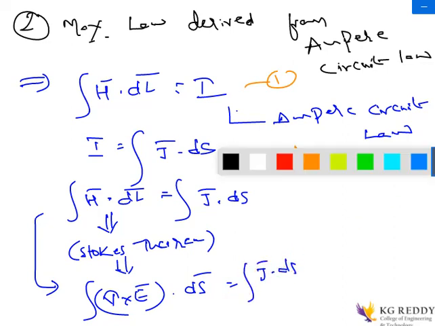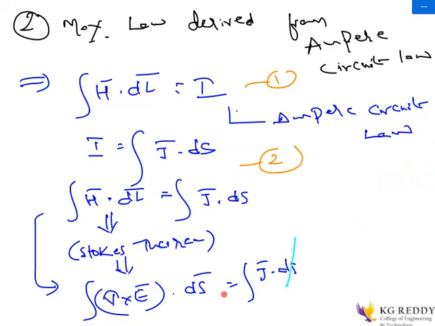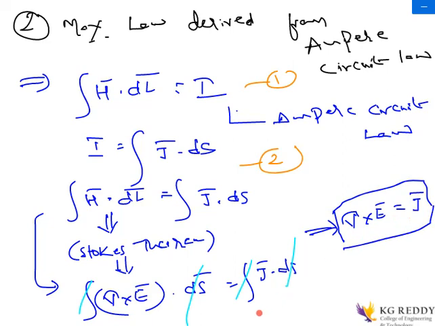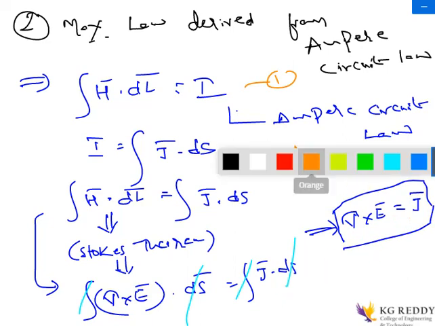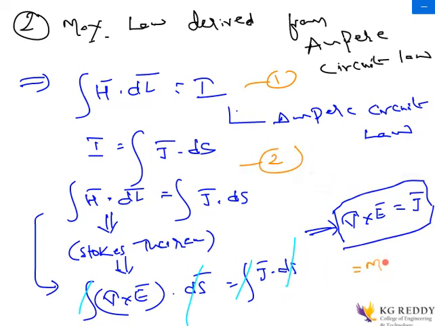Again, as simple as possible, cancel out the ds integration on both sides and you will get the equation for the Maxwell's second law as curl of H bar is equal to j bar, and this is exactly what you have done in the static fields also. So this is the Maxwell's second law.